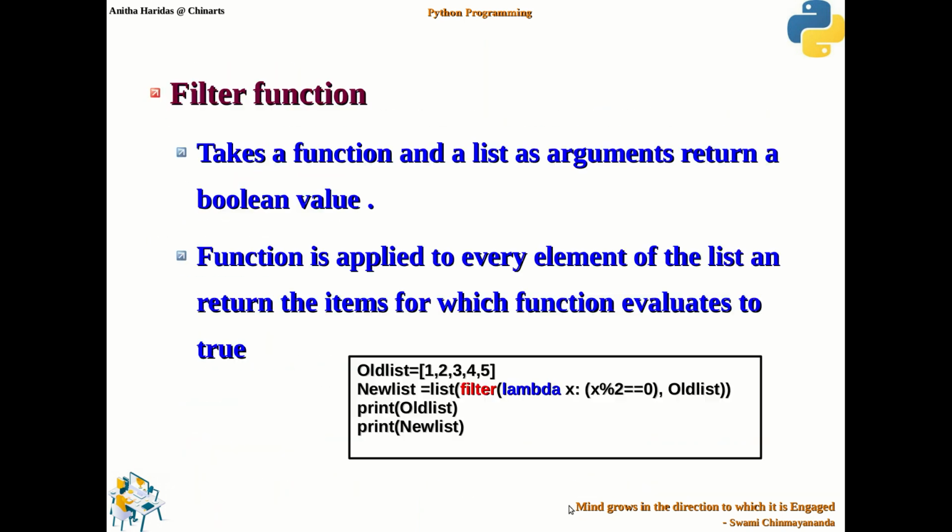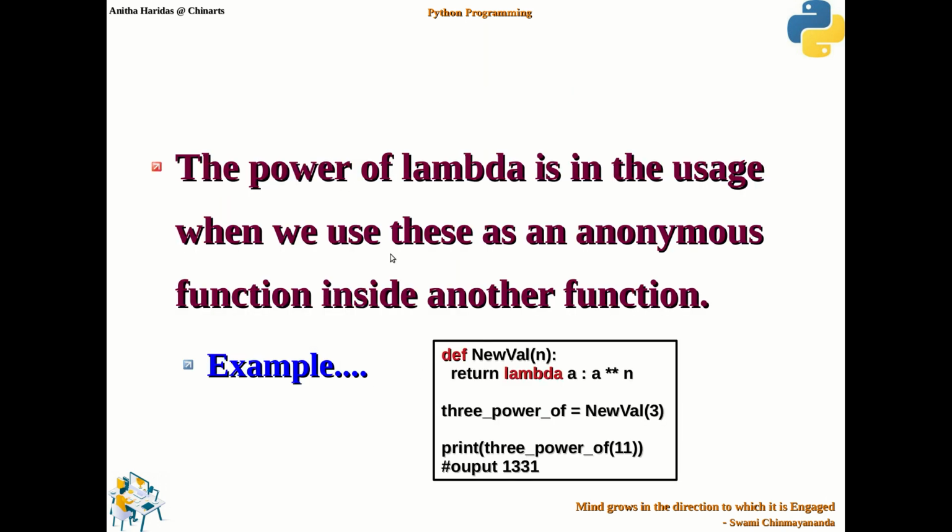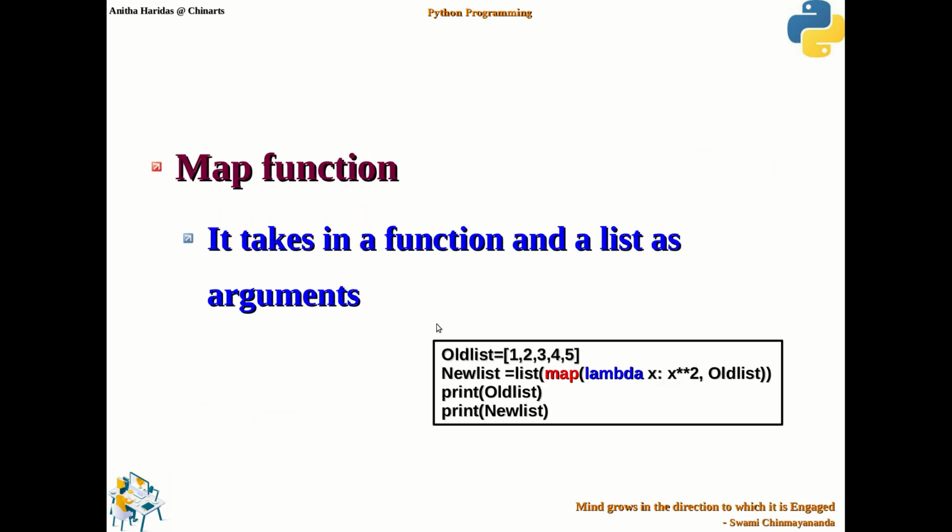So that is the wonderful advantage of having lambda functions inside built-in functions as well as in a normal function. Wherever you have simple expressions to be evaluated, declare it as a lambda function, and if you want to have various values for that particular lambda function, declare it inside a normal function.